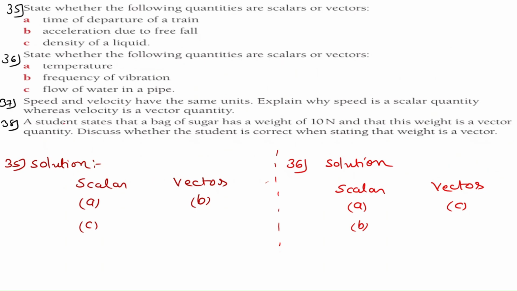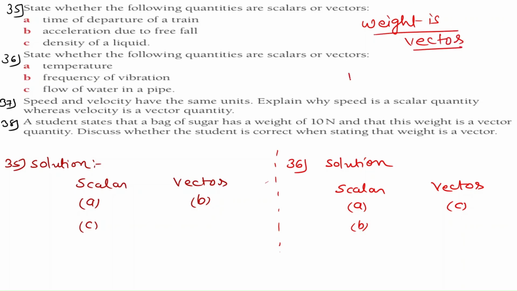Now, in question number 38, a student states that a bag of sugar has a weight of 10 Newton, and that this weight is a vector quantity. Discuss whether the student is correct when stating that weight is a vector. In my first video of Unit 1, I mentioned that weight is a vector quantity.